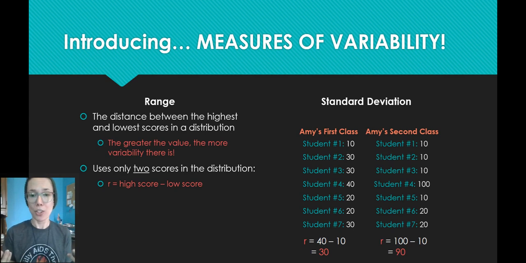If I were to also share that they both had an average wait of 26 minutes, however, the range of one class was 30 minutes and the range in the other class was 90, then I'm getting a sense that in that second class there's quite a bit more variation. There's quite a bit more distance between the highest and the lowest score there, meaning that there's a lot of stuff going on in between. They weren't all congregated the same way that the first class was.